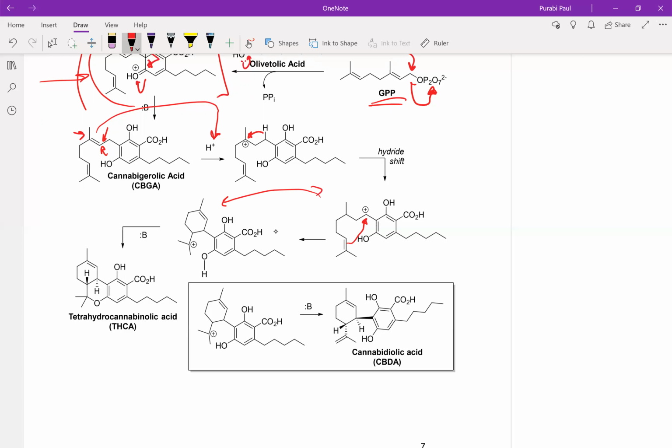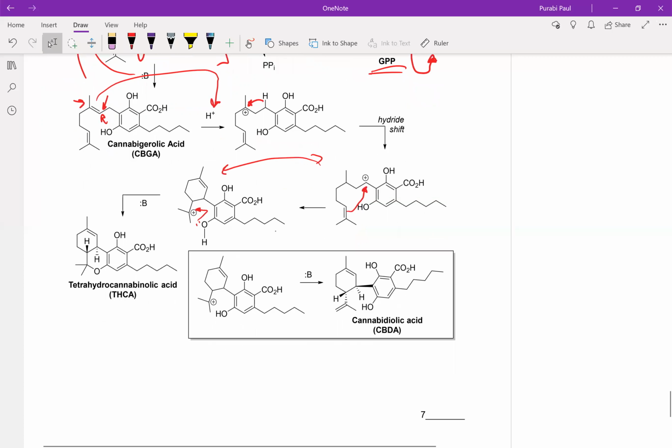And after that, to get rid of the carbocation, this oxygen on the ring goes and attacks the carbocation, and it closes, making another ring to give you tetrahydrocannabinolic acid, or THCA.